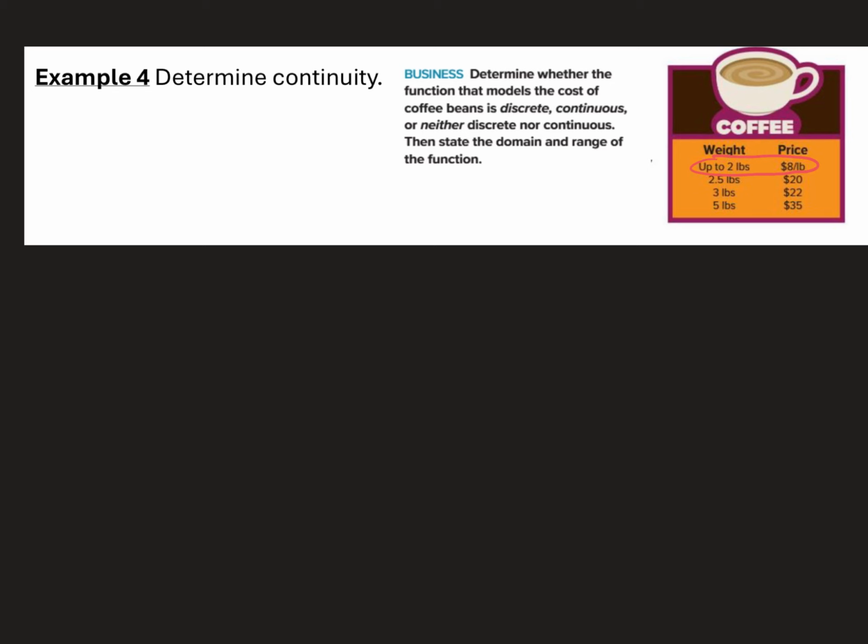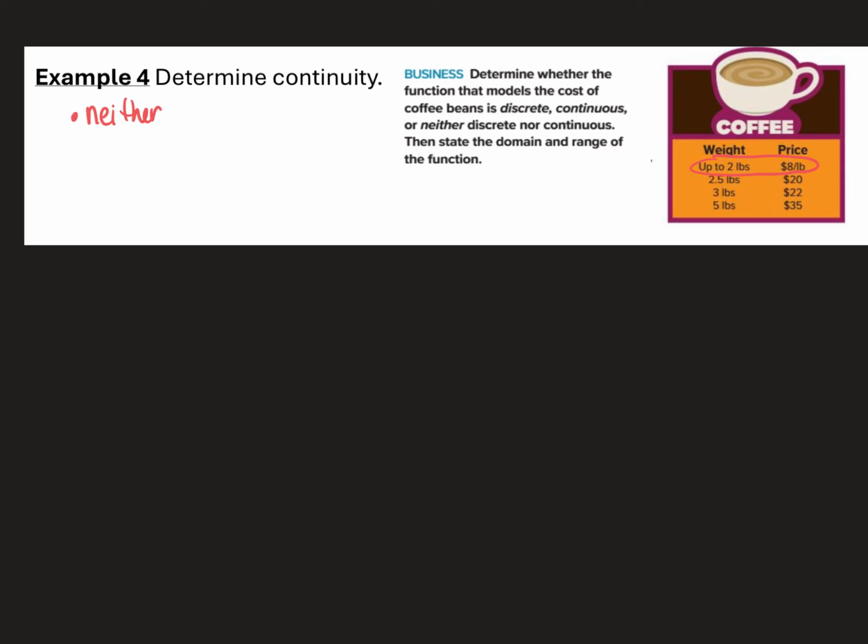But then it skips. At 2.5 pounds, it's $20. At 3 pounds, it's $22. At 5 pounds, it's $35. So that means this is neither a discrete nor continuous graph. So we're going to put neither. You don't even have to put discrete or continuous, we'll just put neither.